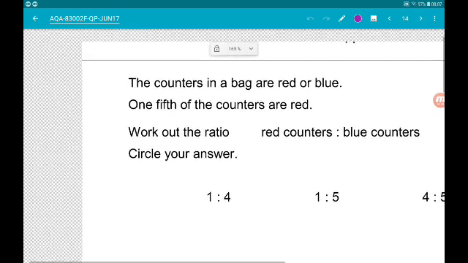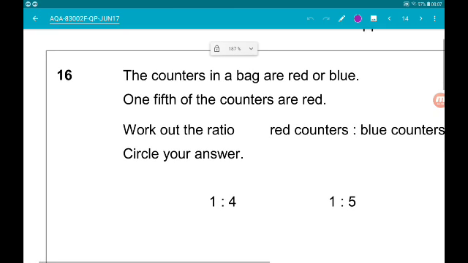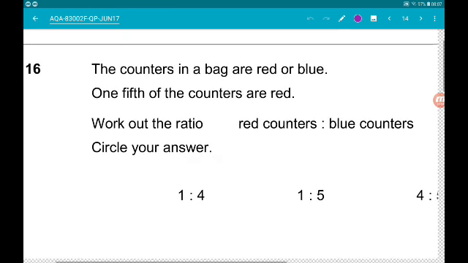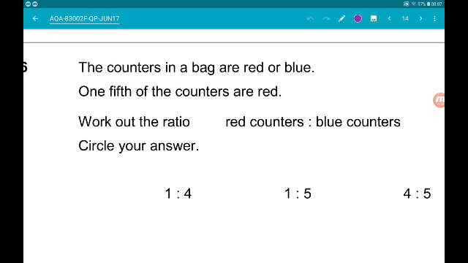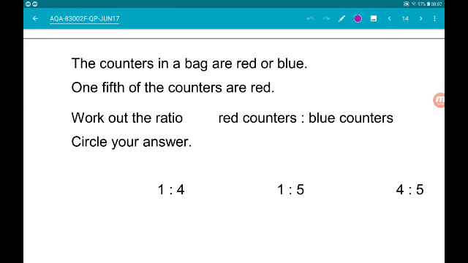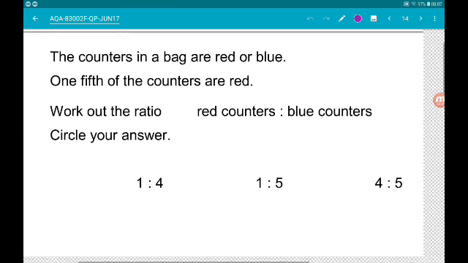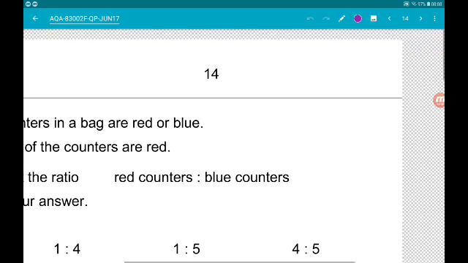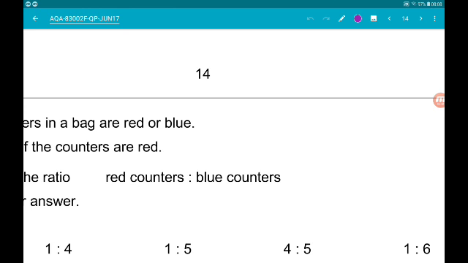Okay, question 16. The counters in a bag are red or blue. 1/5 of the counters are red. Work out the ratio red counters to blue counters. Okay, so let's just go best case scenario.